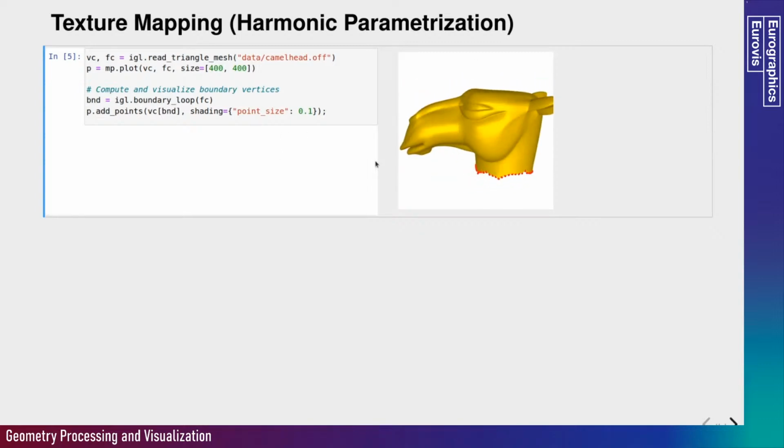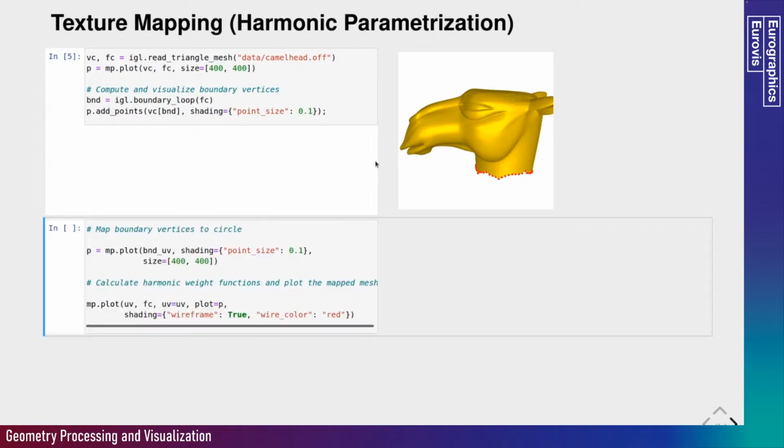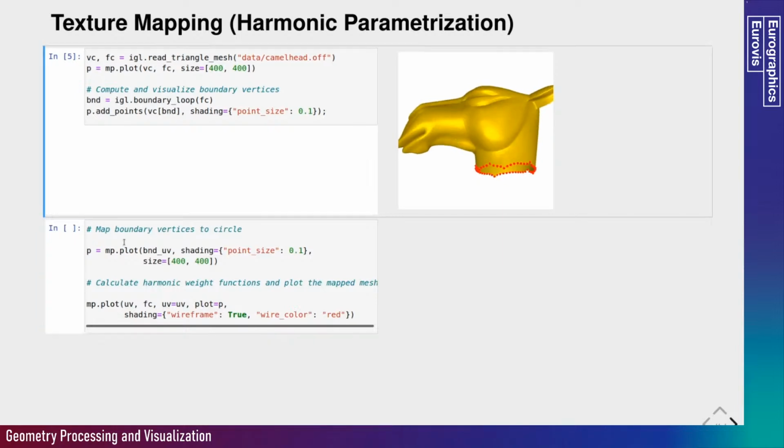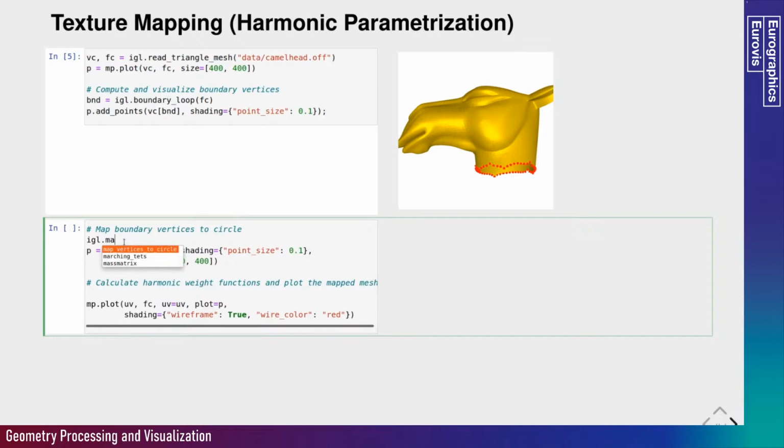So once we have selected these points, we need to map these points or vertices onto a circle. For this, we can call the function igl map vertices to circle, and we just hand in the boundary vertices as well as the vertex coordinates.